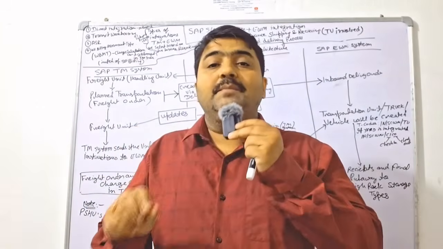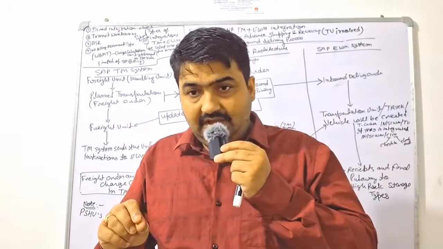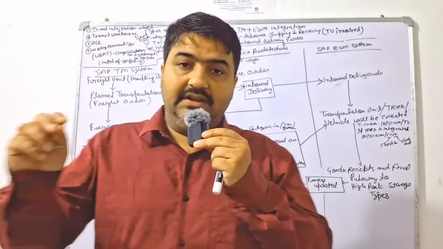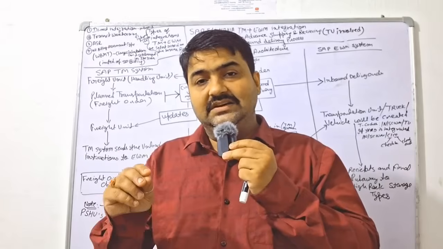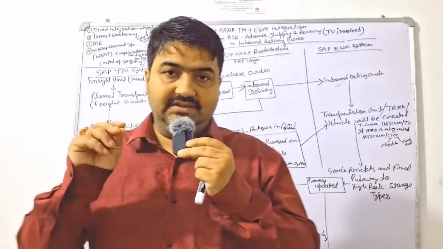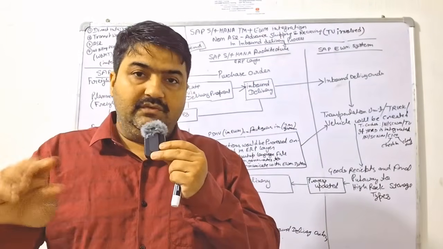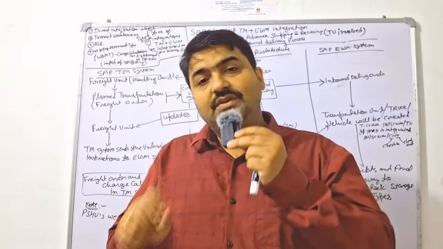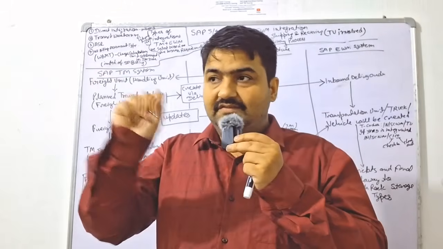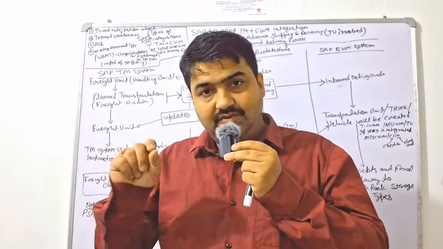So when we have the yard integrated along with the TM or EWM, or along with the TU, in this session I'm going to give you the example of yard with the TU on the EWM side, a very normal process. In that situation, we link each and every door of the warehouse to the TU.